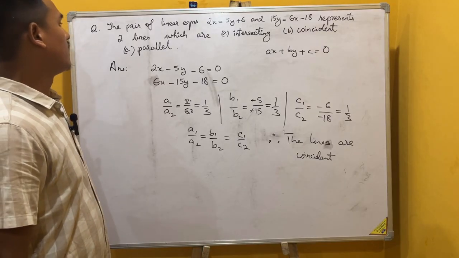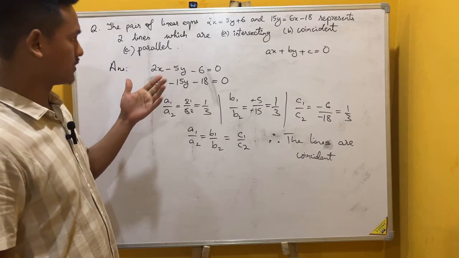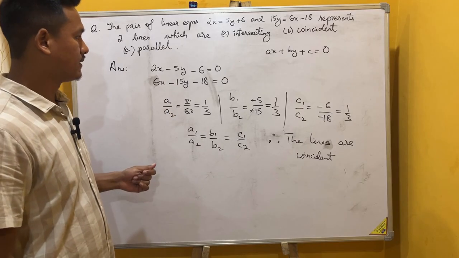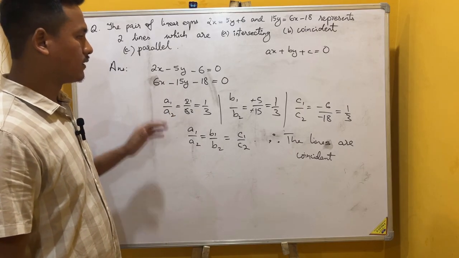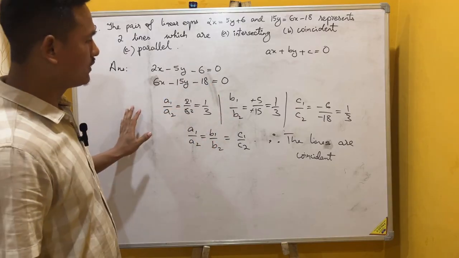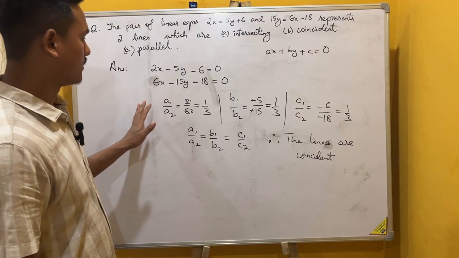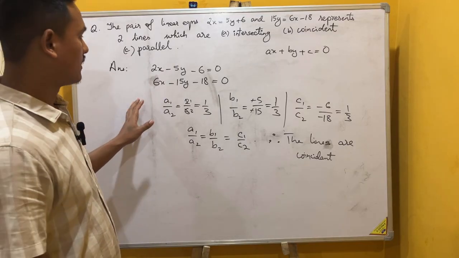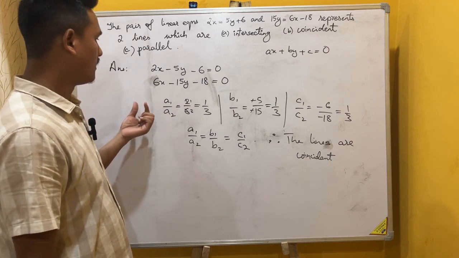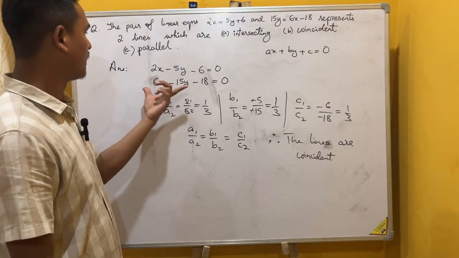So usually you see this type of question as a multiple choice question, and it offers only 1 mark. For this kind of question, you don't need to show the working. So what you can do is, you can get your answer in a very little amount of time, just by comparing the coefficients from the question itself.